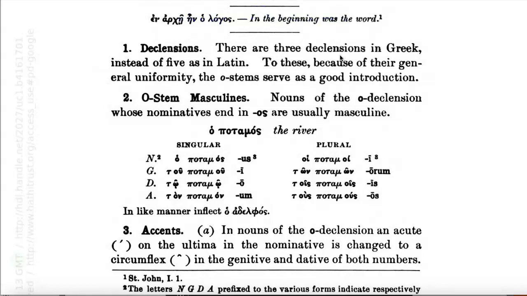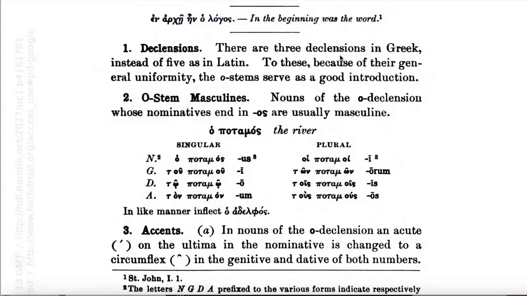In order to keep track of which endings to use, Greek nouns are put into groups. There are 3 groups of nouns. A declension is a kind of group. And whatever the ending of the stem is determines what declension the noun belongs to.